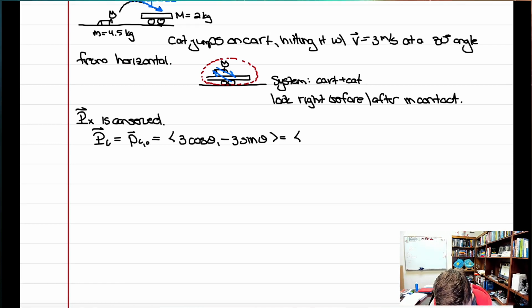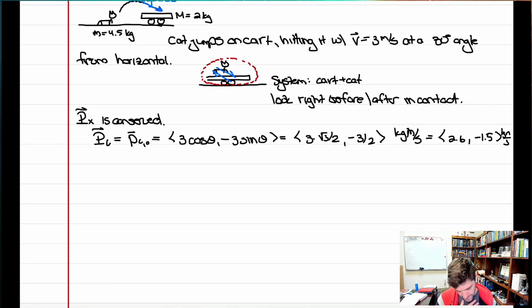So cosine of 30 degrees is root 3 over 2, and sine of 30 degrees is 1/2. So whatever numbers those are, in kilogram meters per second. Root 3 is about, so this is like 2.6 maybe, and this is then just 1.5 kilogram meters per second.